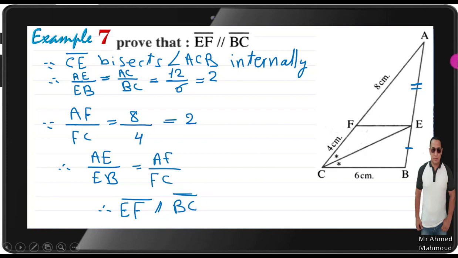Again, AE over EB equals 2 over 1 and AF over FC equals 2 over 1, so EF is parallel to BC.